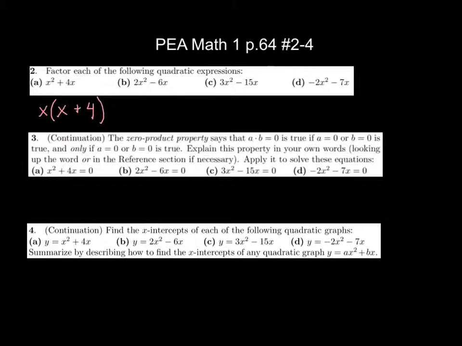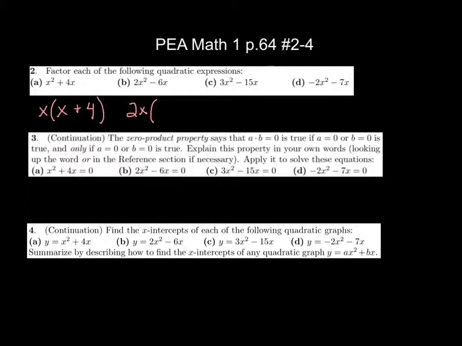Now letter B here, we can do the same idea, but this time we can factor out a number. So what number goes into both 2 and 6? That would be 2. So I can factor out a 2. And because this has an x squared and that's an x, we can also factor an x out. So now what times 2x gives you 2x squared?